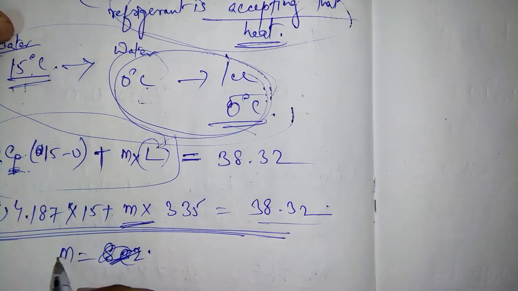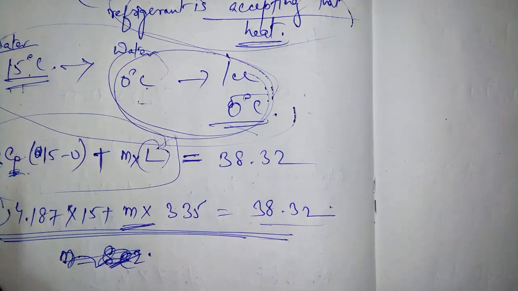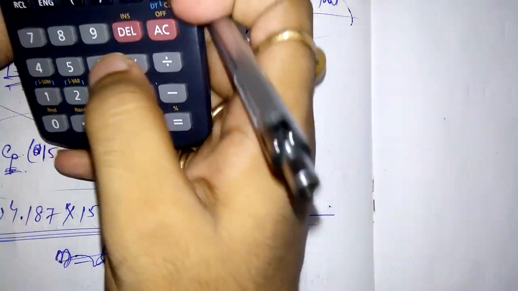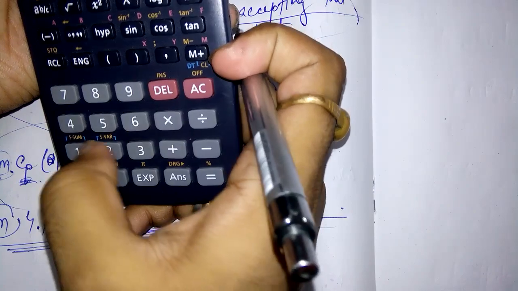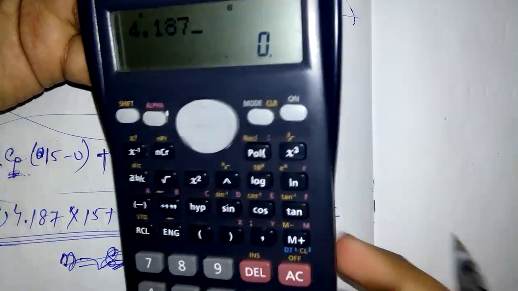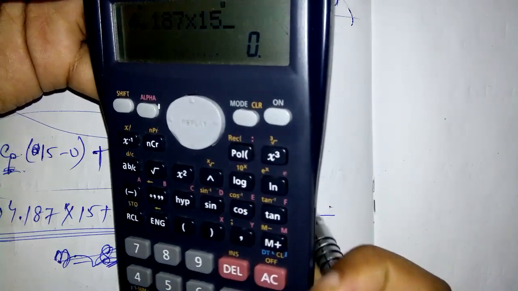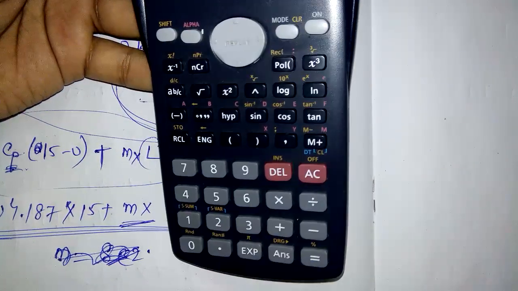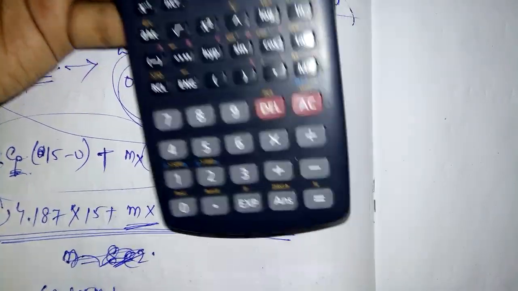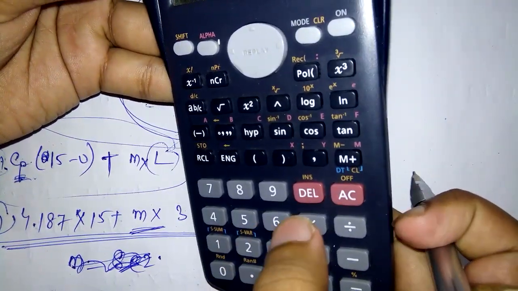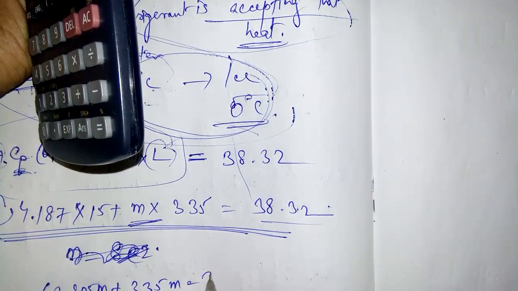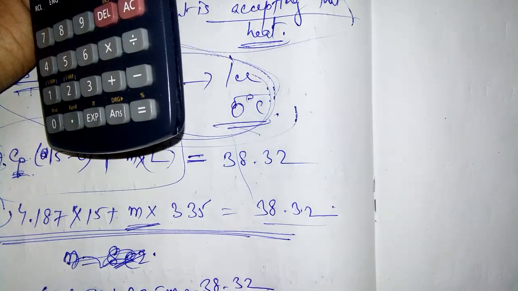Sorry. Just wait a bit. Let me calculate it to show you. Okay, so it is 4.187 into 15, so it is 62.805 m plus 335 into m, that is 335 m is 38.32.